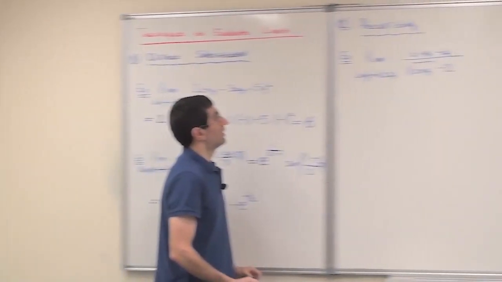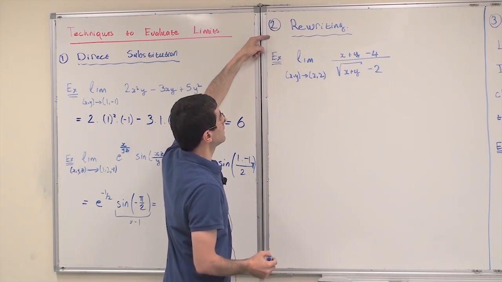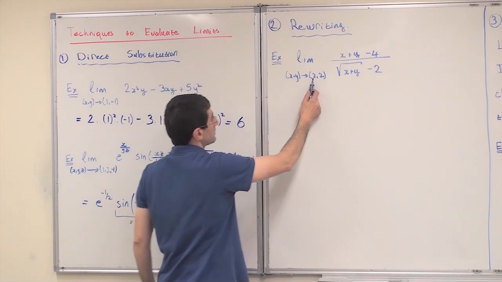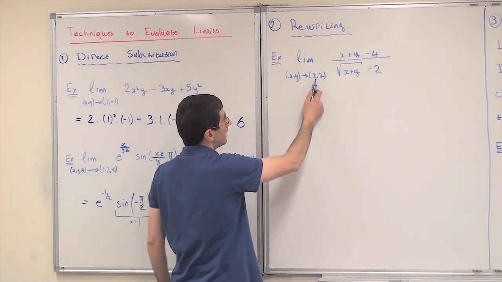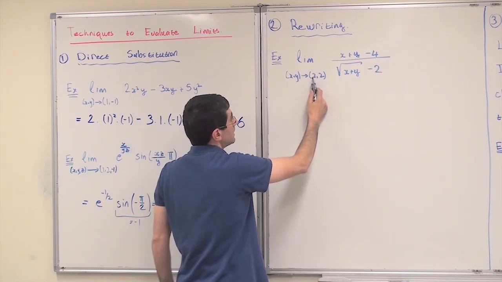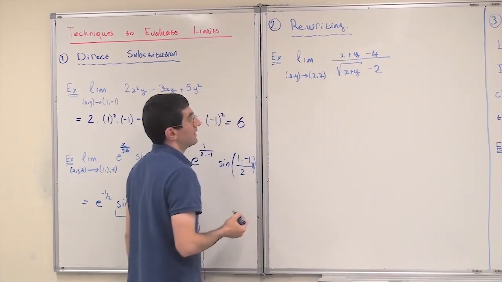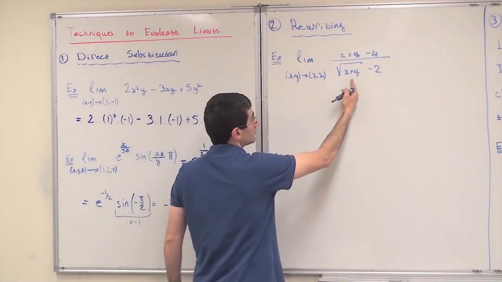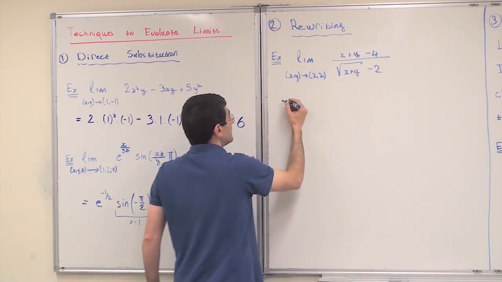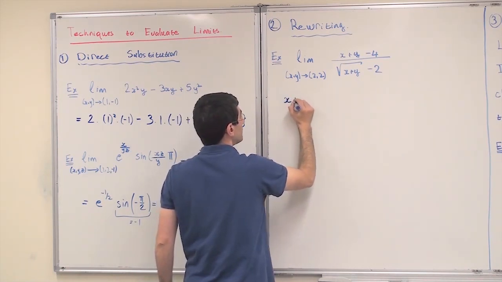So if we move on to our next technique of evaluating limits, it is going to be rewriting. Now, if we look at this example, and if I want to apply a direct substitution here, I will face a problem, because the limit point 2, 2 will make the denominator of my two-variable function equal to 0. But by simply rewriting this function, I can remove this problem.